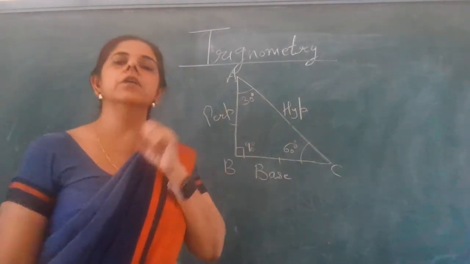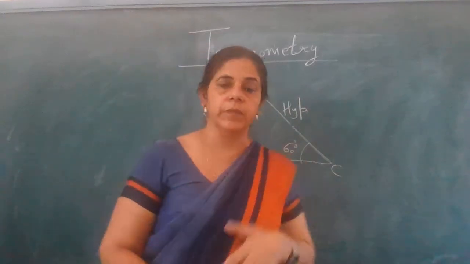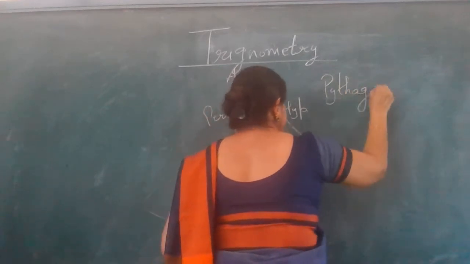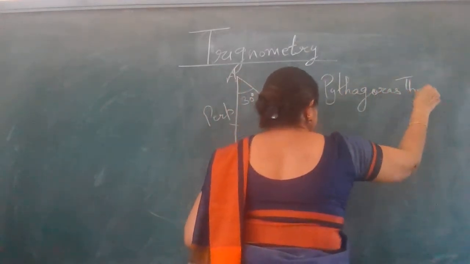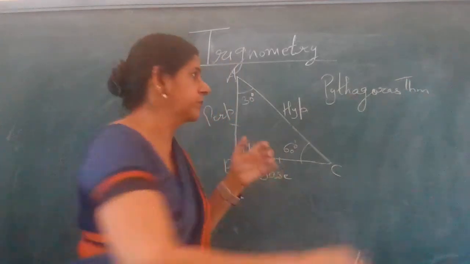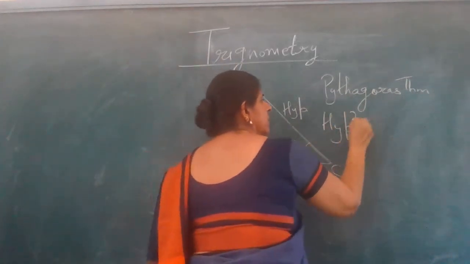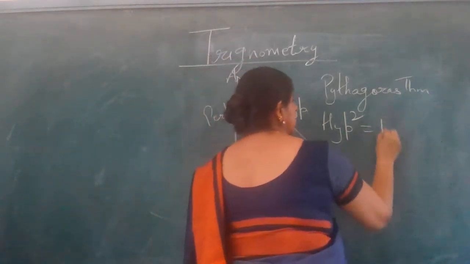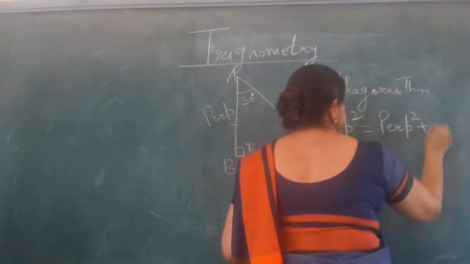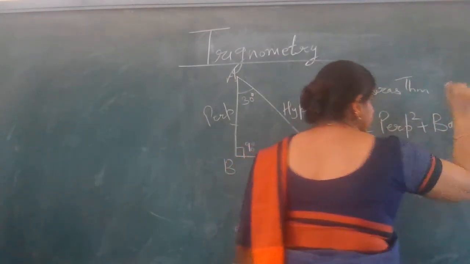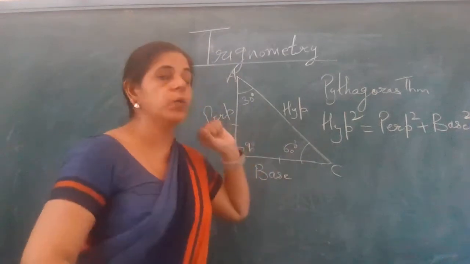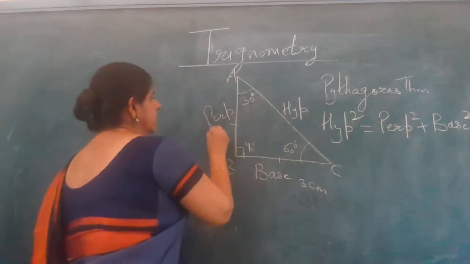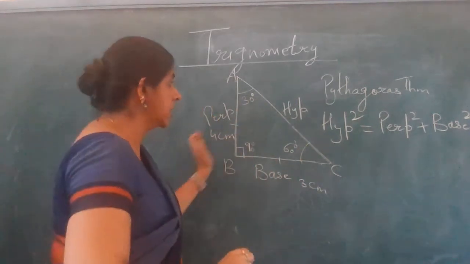Now here we have a formula known as the Pythagoras theorem. Now what is this Pythagoras theorem? Pythagoras theorem is: hypotenuse square is equal to perpendicular square plus base square. So when we write this, suppose this perpendicular is 3 centimeters, base 4 centimeters, then what about the hypotenuse?